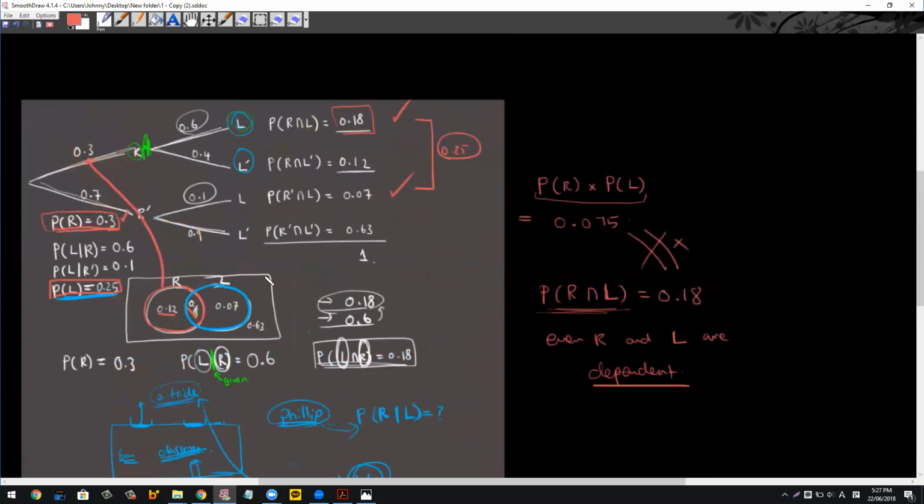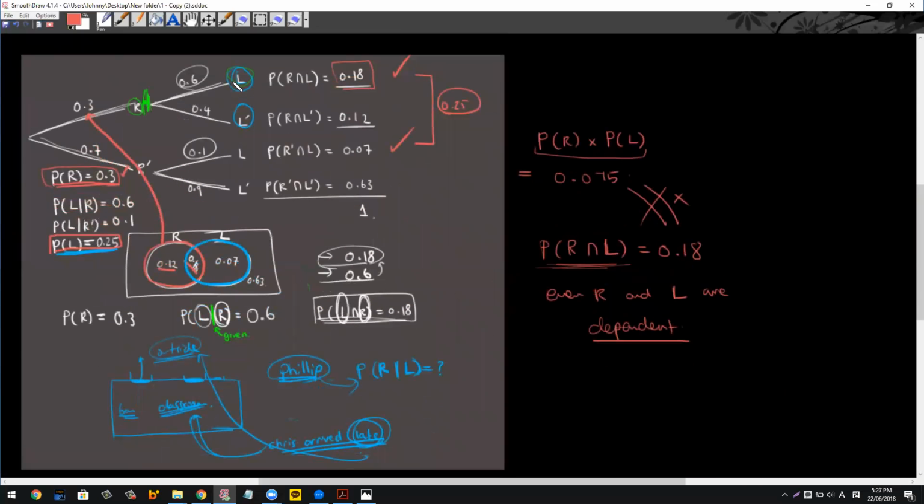So for example, does Chris's chance of being late to school depend on whether it rains or not? Have a look. What do you think? Does it depend on whether it rains, or does it not depend on rain?